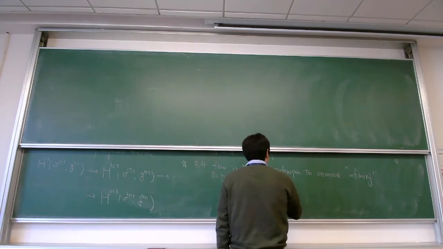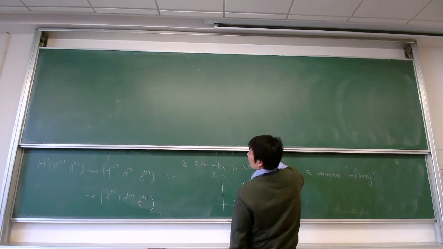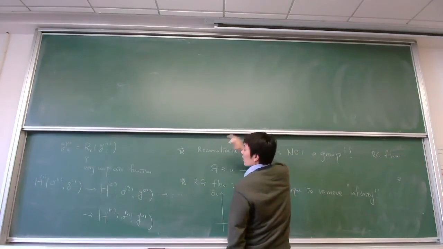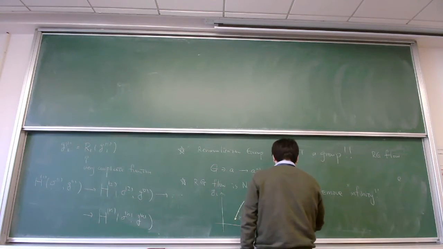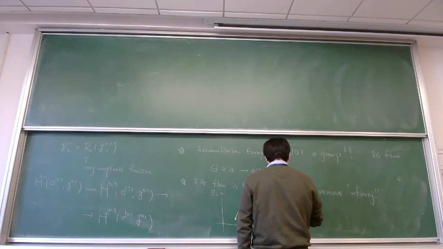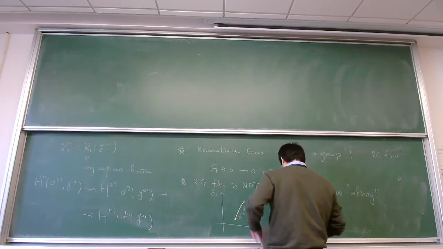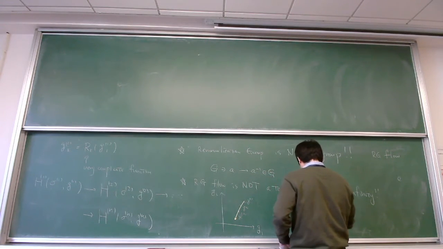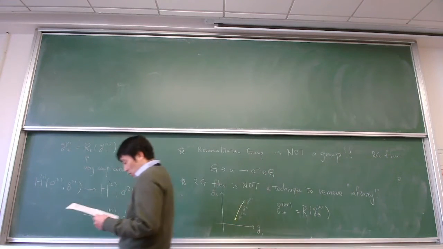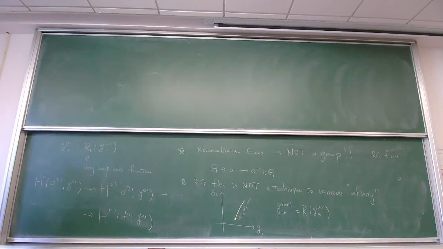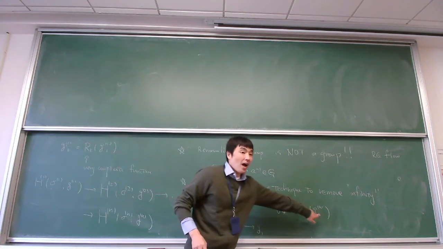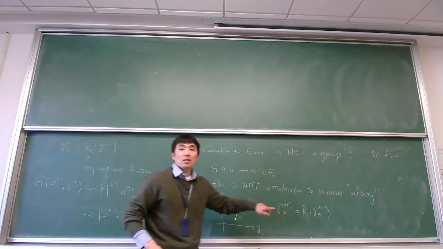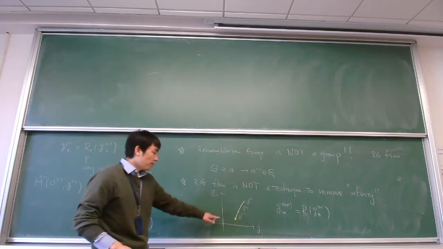Which means that G star of n plus 1 is equal to G star of n. So at some point you encounter such a situation. Even if you put in the same value of the coupling constant under renormalization, this is called a fixed point.